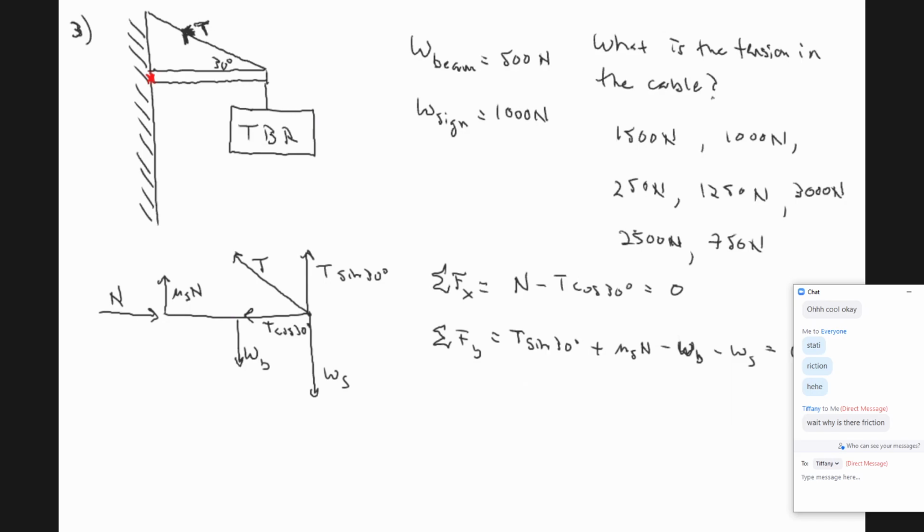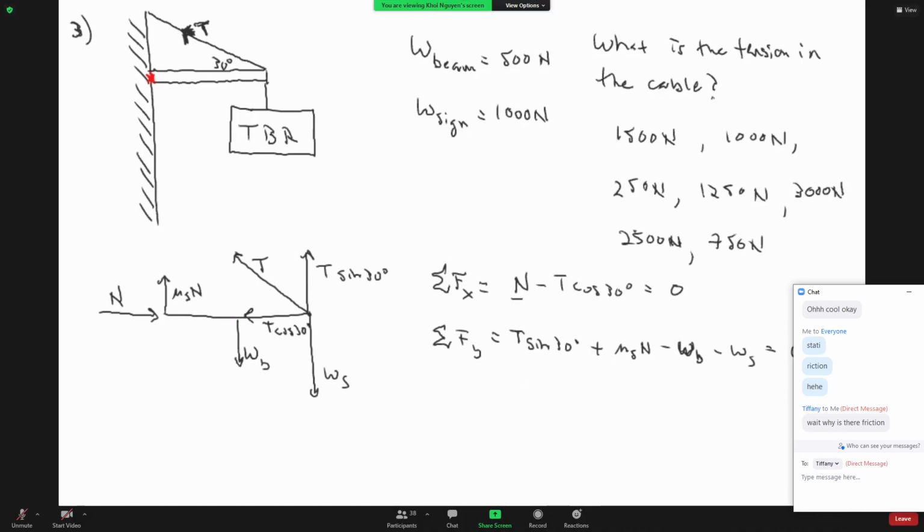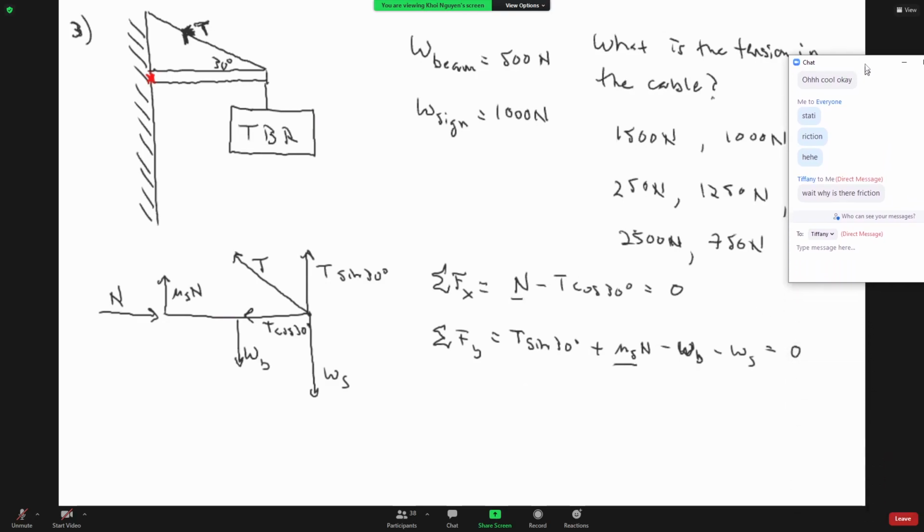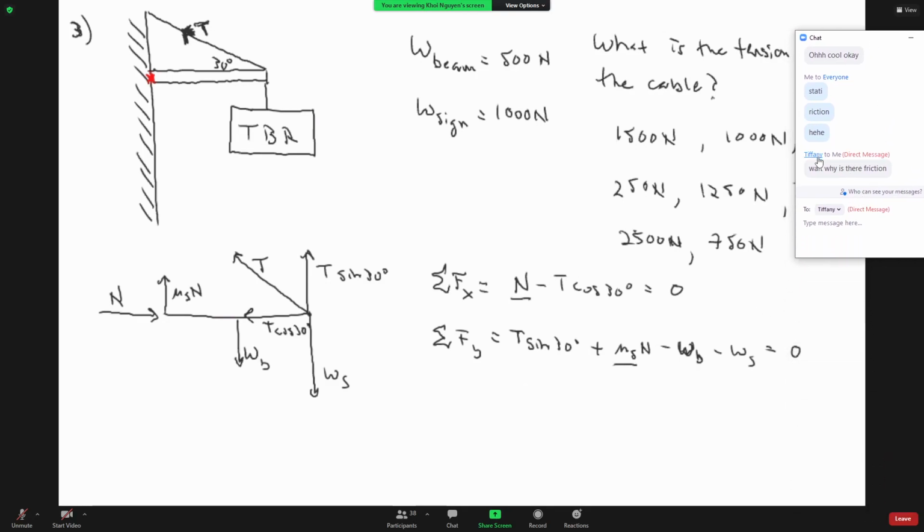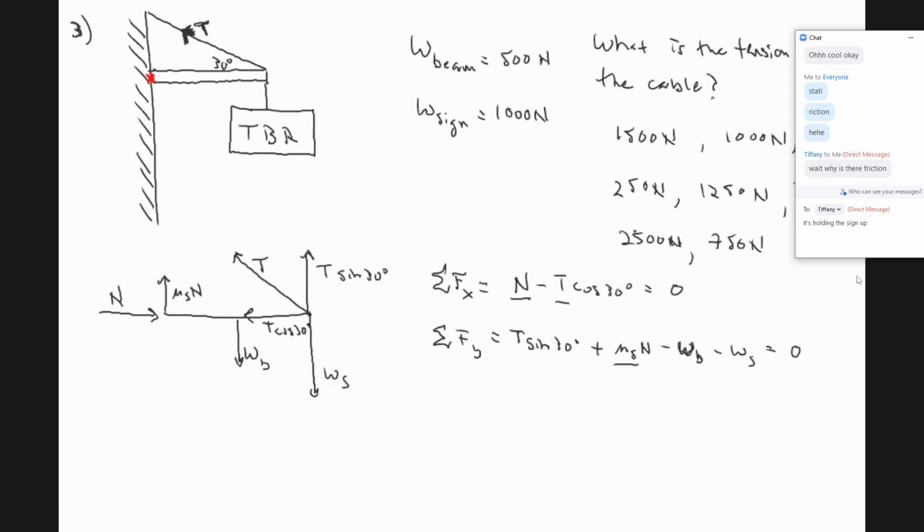That's equal to 0. So if we did this using forces and what we learned last week, how many unknowns do we have? We don't know normal force, we don't know coefficient of friction, and we don't know tension. So 2 equations, but we have 3 unknowns. Can we solve that system of linear equations?